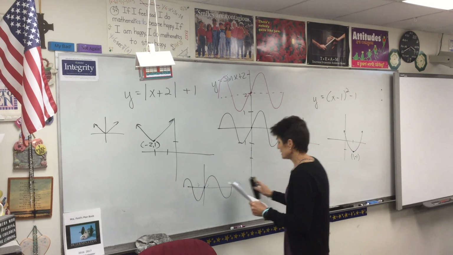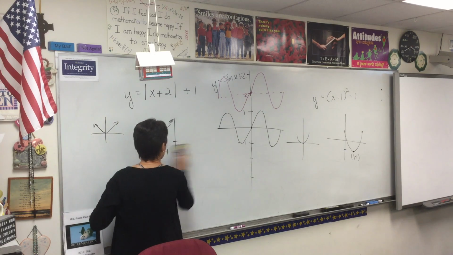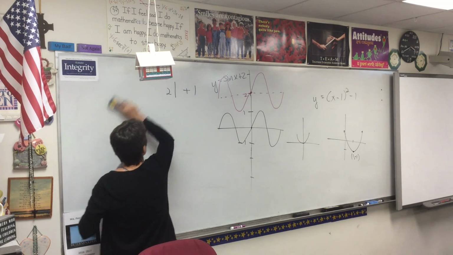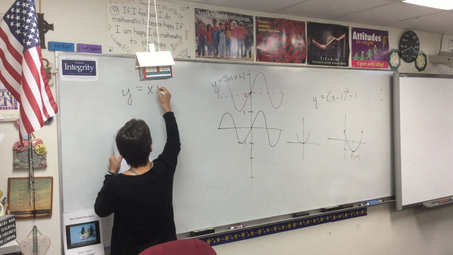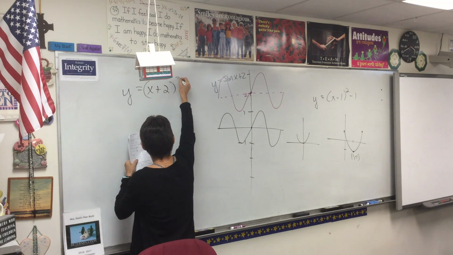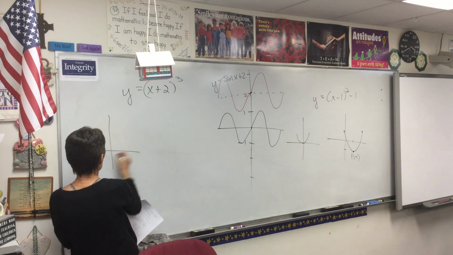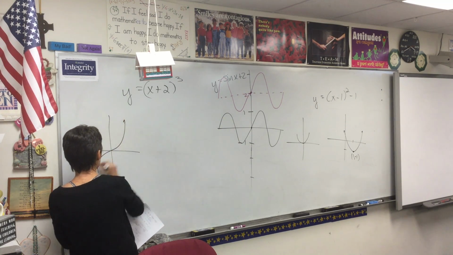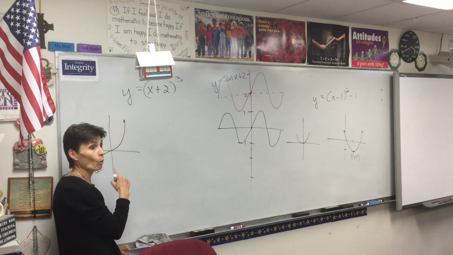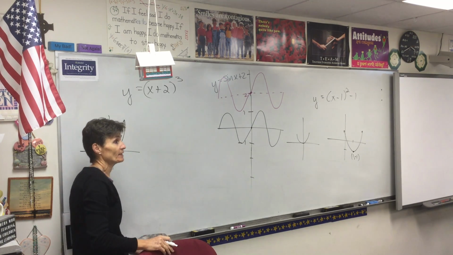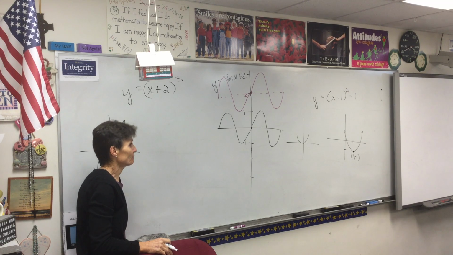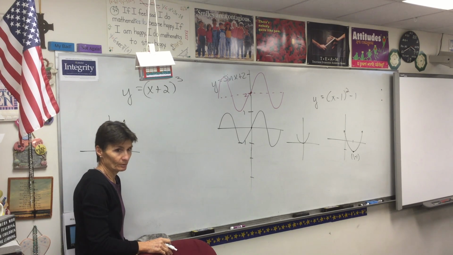All right, what about D? What shape is D? It's a squiggle. Yeah, and the normal squiggle is through the origin like that. That's the normal squiggle. But this one has been shifted down 2 and left 2.